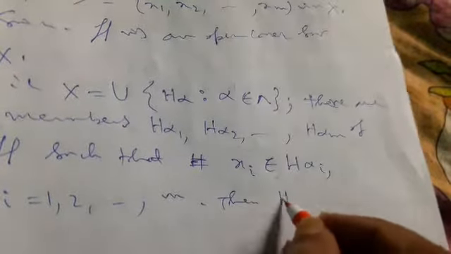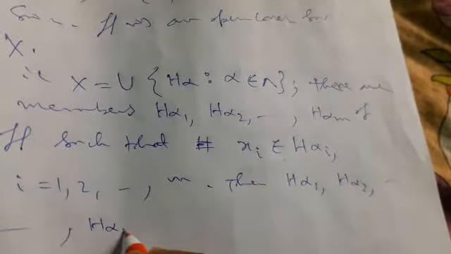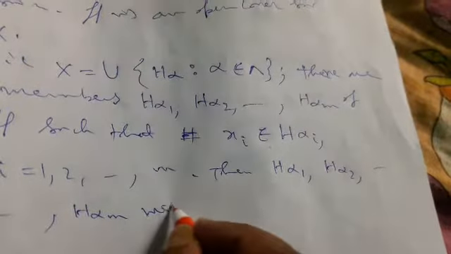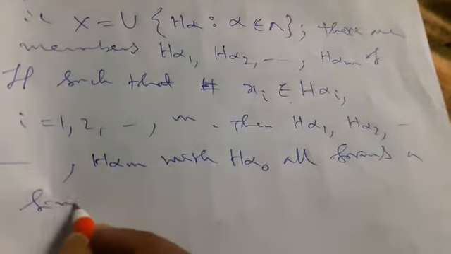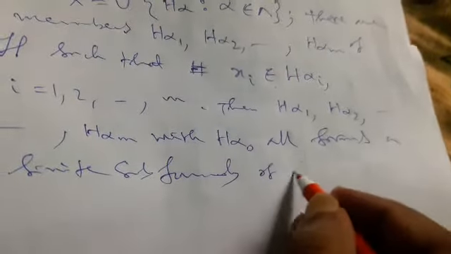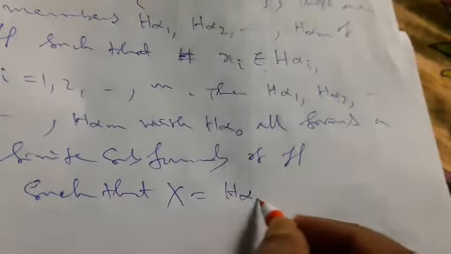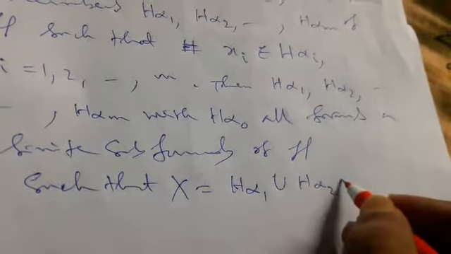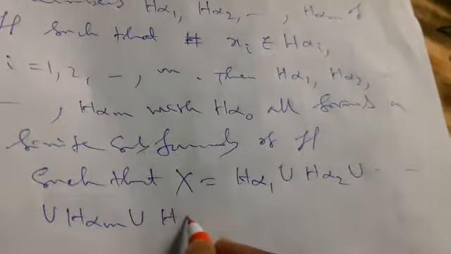Then H alpha 1, H alpha 2 up to H alpha m, with H alpha 0, form a finite subfamily of script H, such that the space X is H alpha 1 union H alpha 2 union up to H alpha m union H alpha 0.